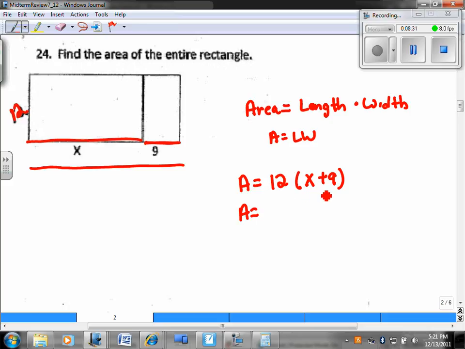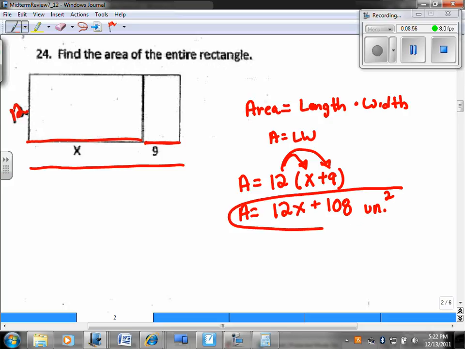Since I have a number, and then I have a quantity in parentheses, I'm going to distribute. 12 times x is 12x, and then 12 times 9 is 108. And since it's area, it would be units squared, or square units. 12x plus 108.